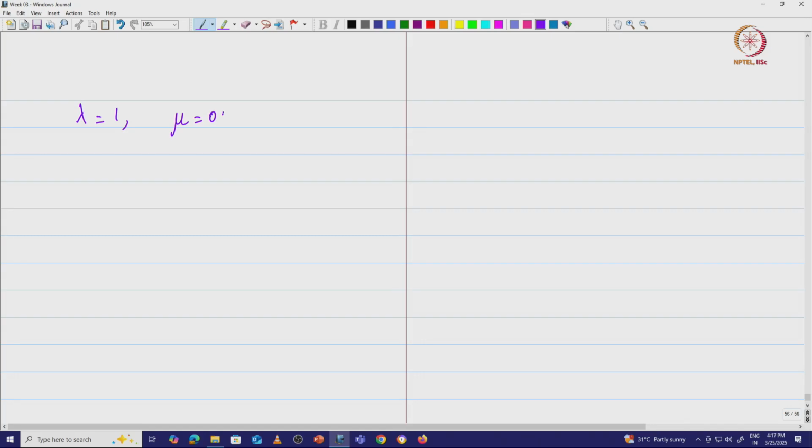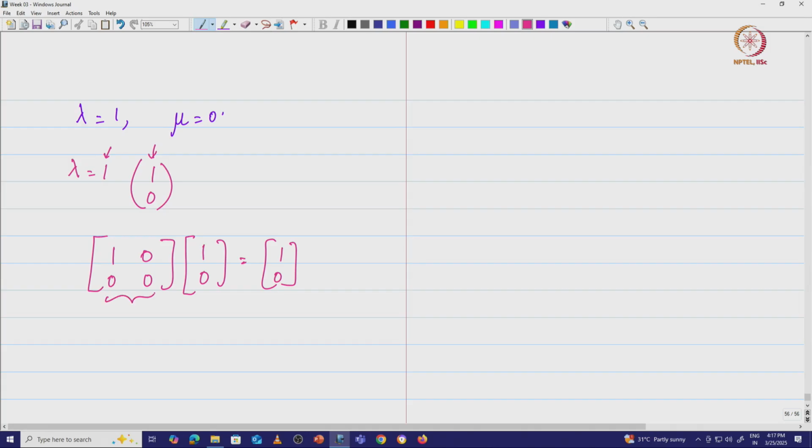Any vector along the x1 axis stays along the x1 axis. That means 1 0 0 0 into 1 0 is 1 0 itself. So the eigenvector 1 0 is associated with the eigenvalue lambda equal to 1 for this projection matrix, and it is a symmetric matrix, A transpose is equal to A.